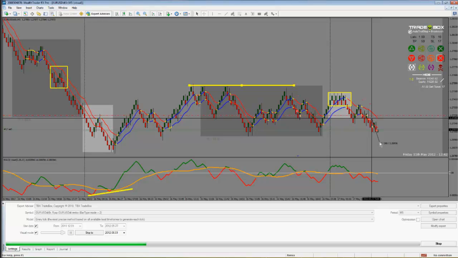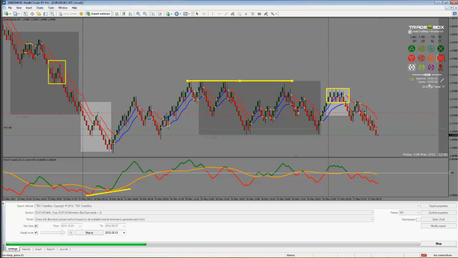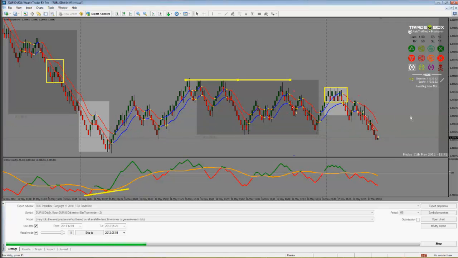Now, some people will actually use this strategy, or the actual original strategy was on a 10-pip Renko bar, and they're looking at a 25-pip stop, looking to take between 50 and 100 pips, which is fantastic if you can grab all that. That was a nice little scalp as well. So there we go. If we pull up our graph, you can see our equity curve going up nicely. We're up 11.3%.